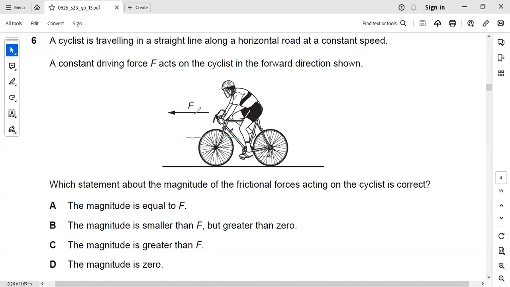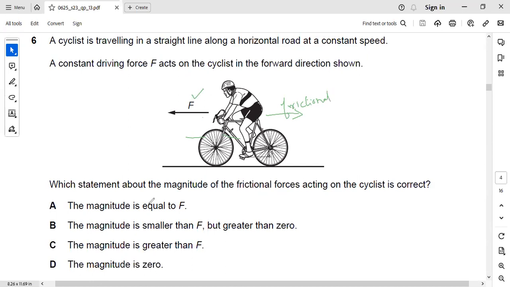That's why the cyclist is moving at a constant speed. So the frictional force will be the same as the constant driving force, but in the opposite direction.